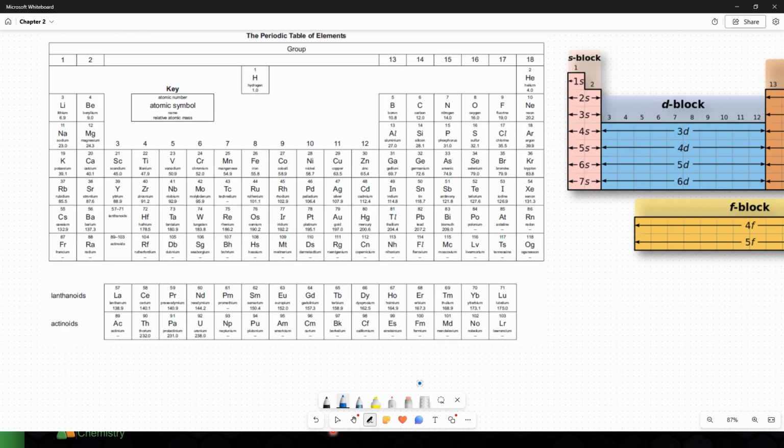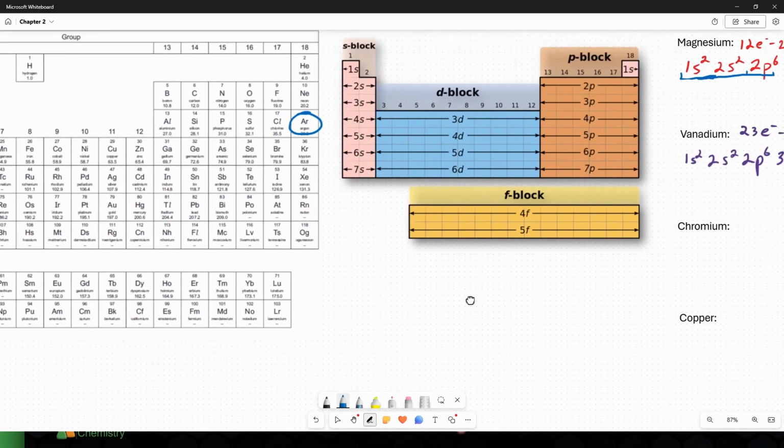So if we find vanadium, which is right here, we're working on this one right here. If we go up one and all the way to the end, we find argon is the noble gas before vanadium. So it's the same thing. Because argon is the noble gas before vanadium, we're going to find the last p6 in the electron configuration of vanadium, and then we're going to replace it with argon.